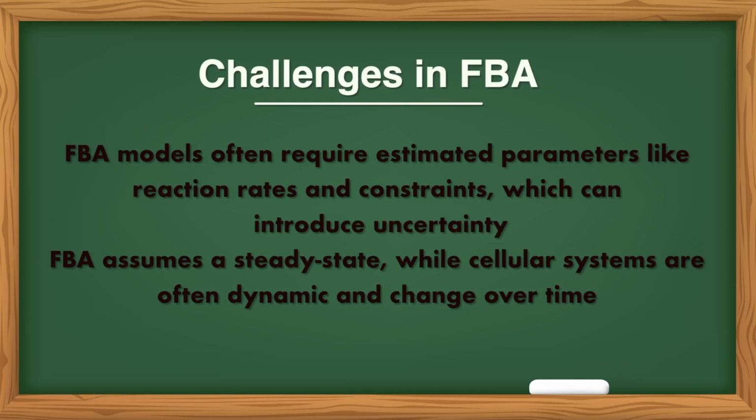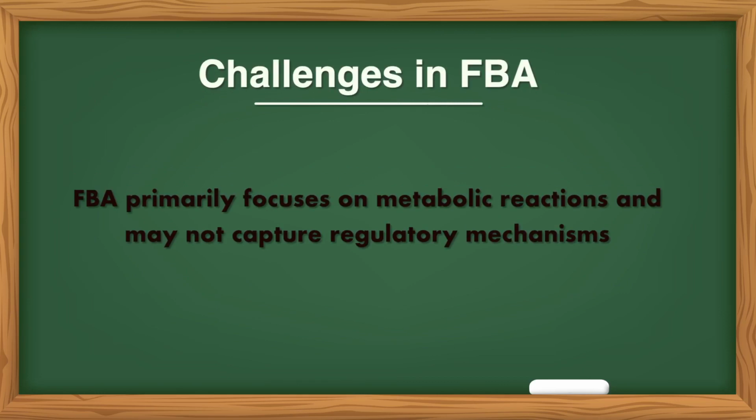But in a realistic scenario inside the cells, these are not always in the steady state. Cellular systems are dynamic in nature and rapidly change over time. They rapidly change with the availability of nutrients or the availability of other competitors. So, it will be unfair in some systems to assume a steady state condition.